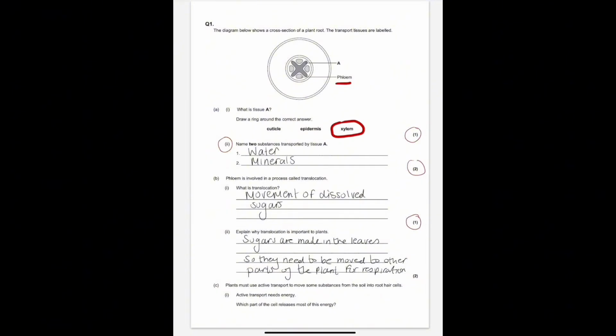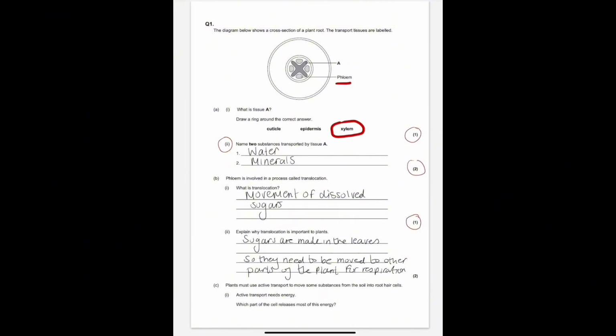Explain why translocation is important to plants. The reason it's very important is because sugars are made in the leaves. Remember, photosynthesis is carried out in the leaves, and in the leaves we make sugars, which is glucose. So they need to be moved to other parts of the plant for, for example, respiration.